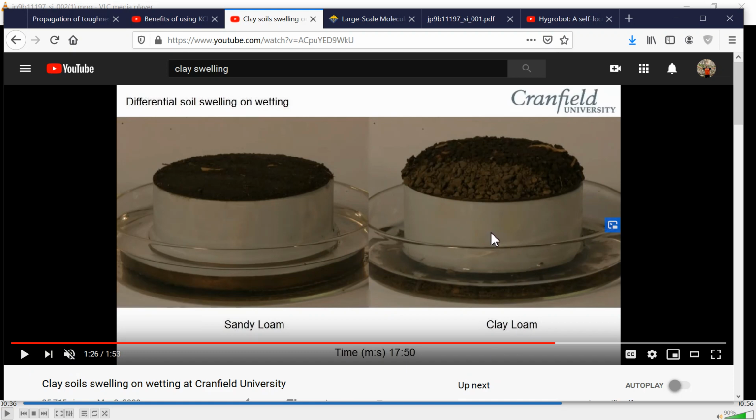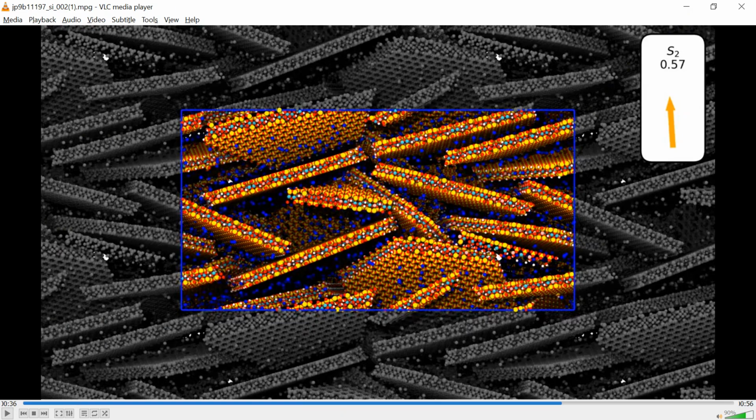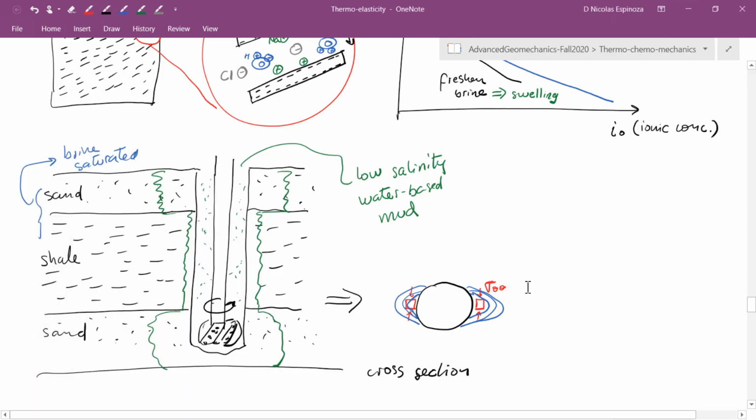And this, taken into the wellbore environment, can cause this phenomenon that we talked about before, and actually can cause many times drilling stability problems. So we're not going to see in detail the equations for this case, but let me talk about the solutions.